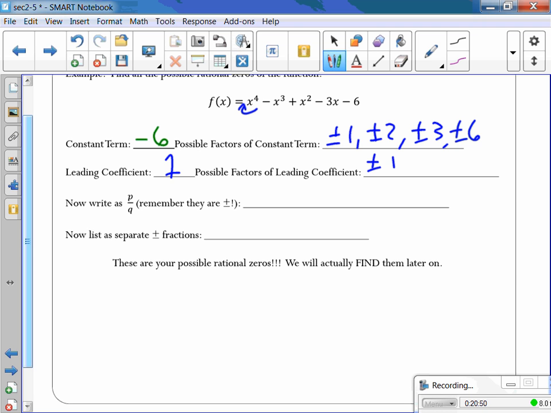So all possible rational zeros are going to be in the form of P over Q. So we put all those factors of P over all of our factors of Q. Since Q is just ±1, we list out all the possible solutions.